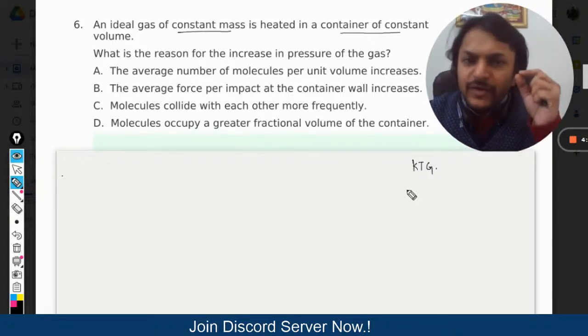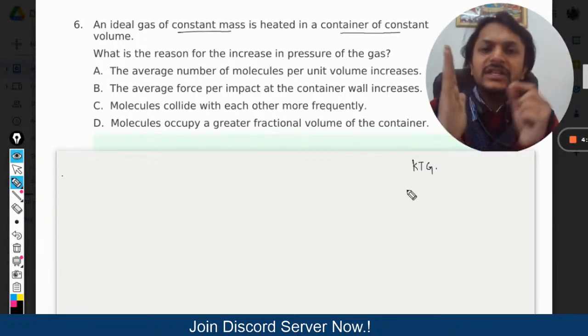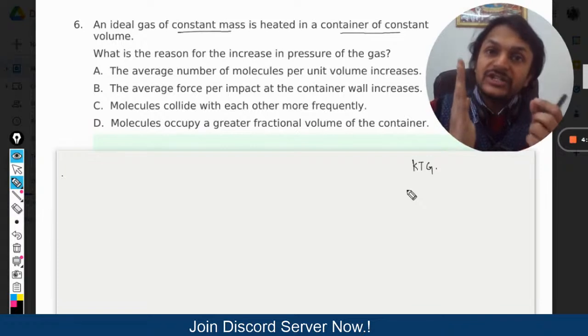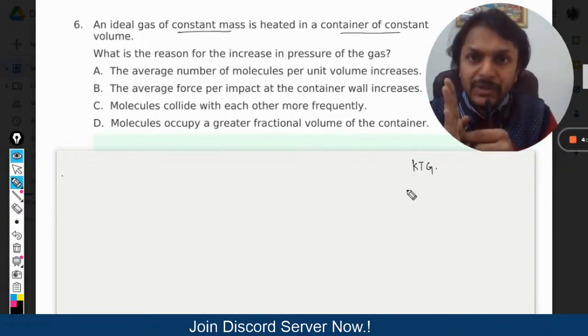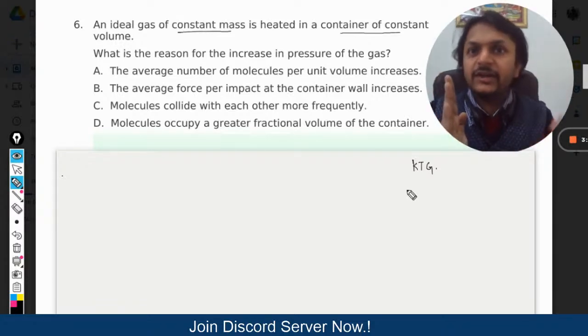Now, when we talk about pressure, what is pressure? The collision between the molecule and the wall is responsible for creating pressure. So it's collision between the molecule and the wall. Now if the temperature has increased, the molecule is moving at a higher velocity, it has higher momentum.